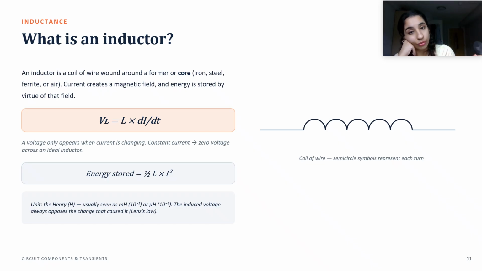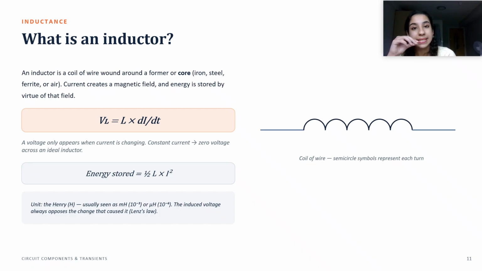So instead of V squared here, we have current squared. And the units are Henry, obviously again named after some dude who found out about inductors. It's usually, again just like capacitors, a very low number: millihenry, microhenry.